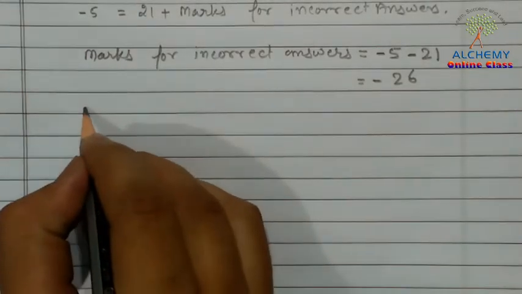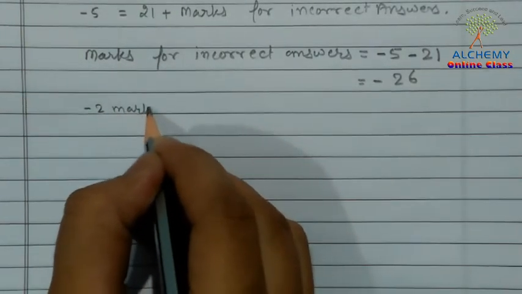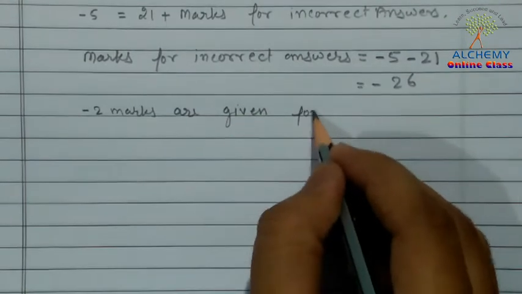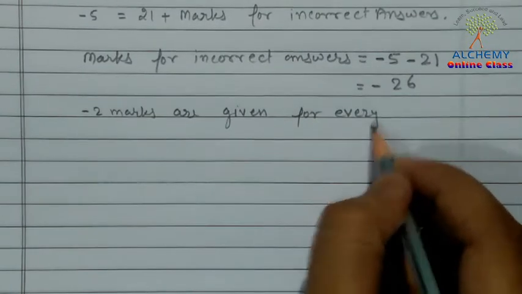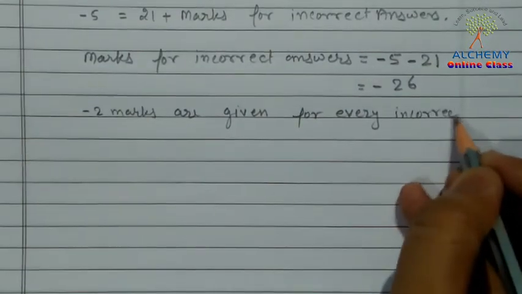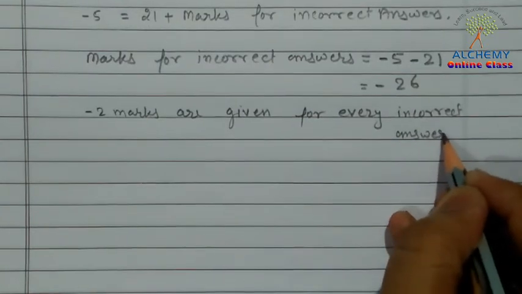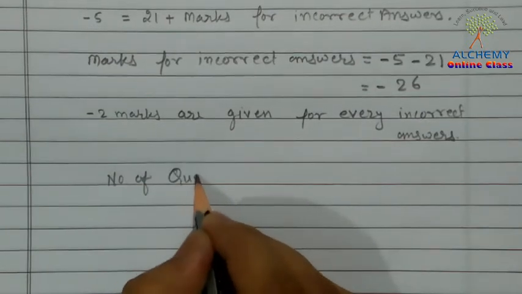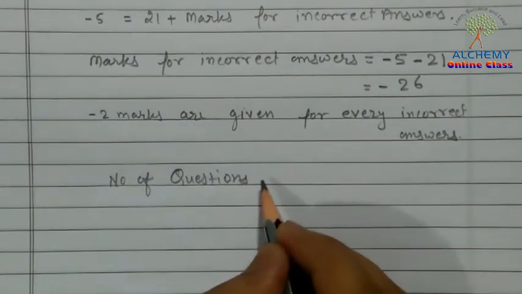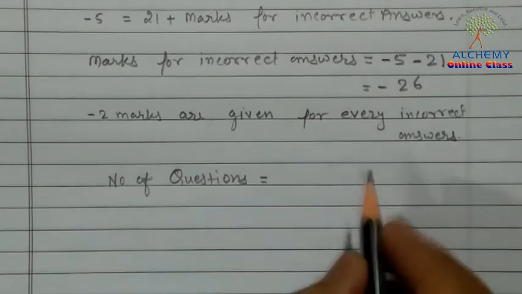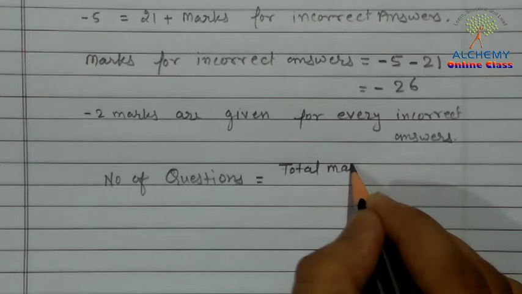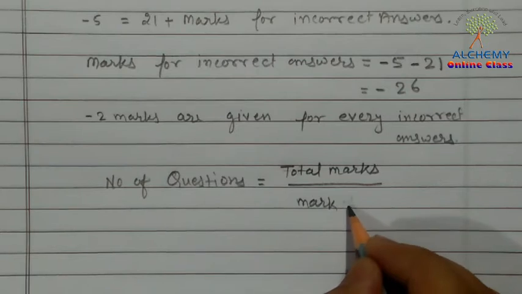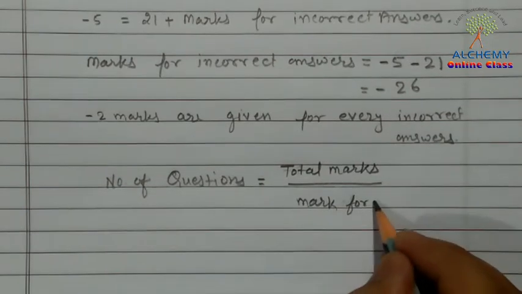Okay, we know that -2 marks are given for every incorrect answer. So the number of questions she has attempted incorrectly is equal to total marks divided by mark for each question.